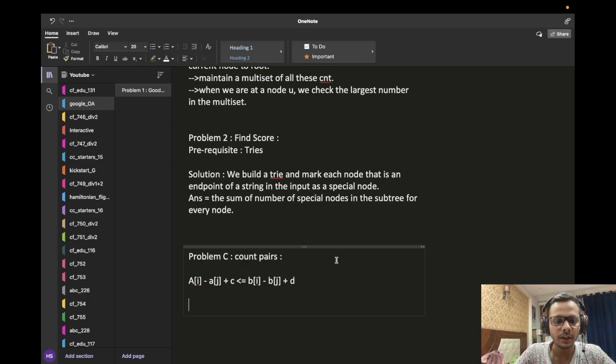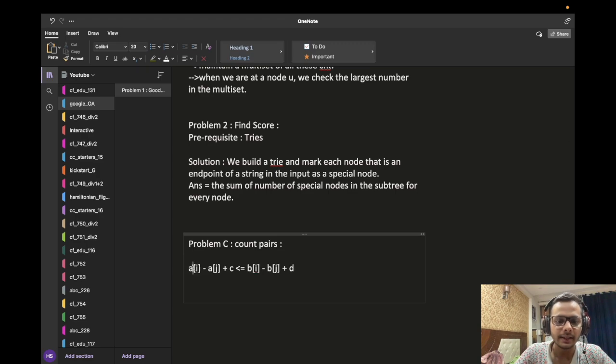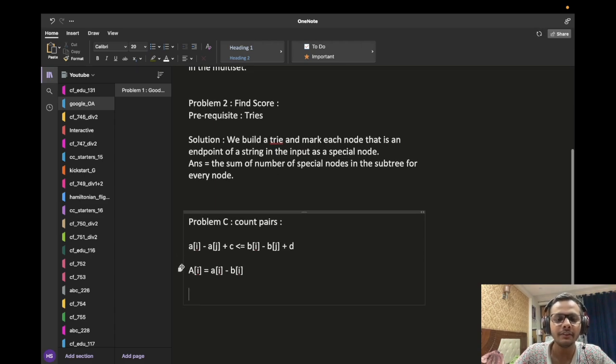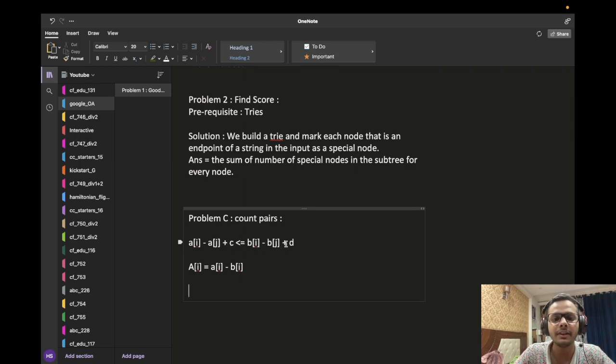Now what we can do here is we can build another array. Let's say we build an array capital A, where capital A of i is equal to a of i minus b of i, right? So if we build an array like this, then the inequality that we have here can be simplified as capital A of i plus c is less than or equal to capital A of j plus d. Sorry, this should be j.